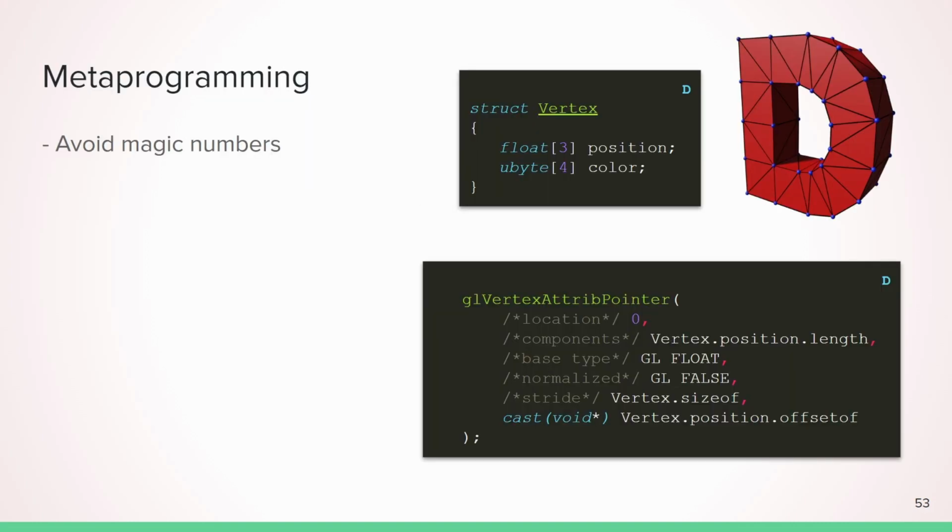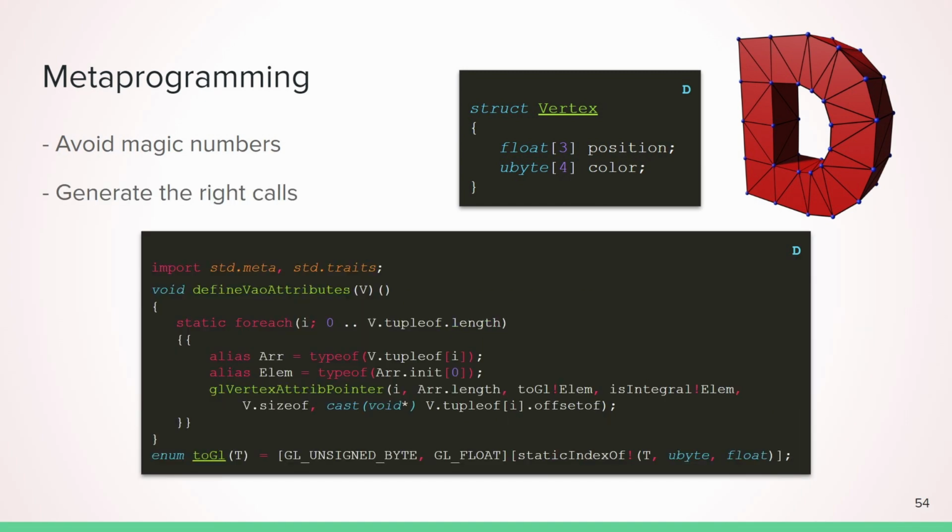So let's improve this using D. The first step is to avoid the magic numbers and try to document nicely what we're actually passing. So for components, we access the length of this static array, and we use sizeof and offsetof, which alleviates some of the magic numbers, but we can do better with D, of course. We can actually just generate all the right calls in one go.